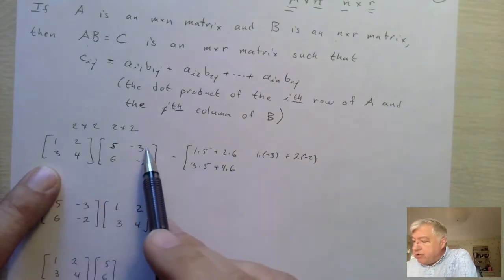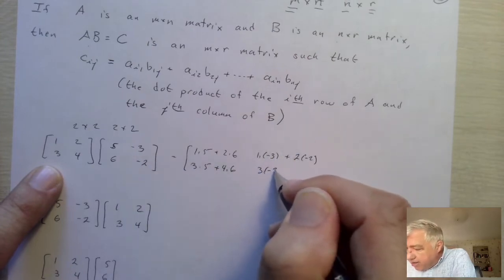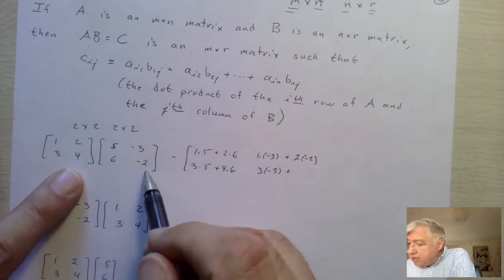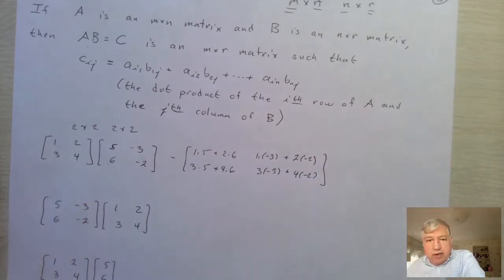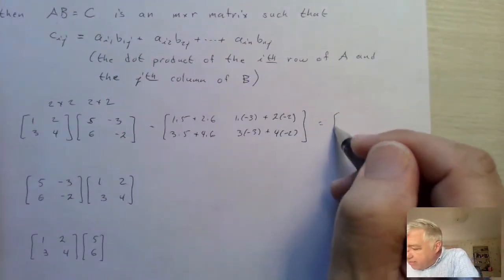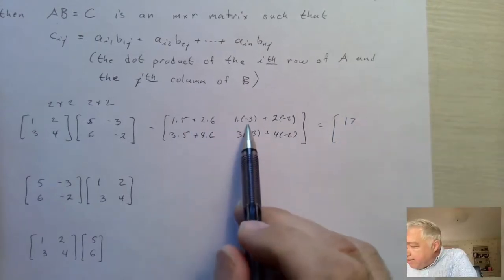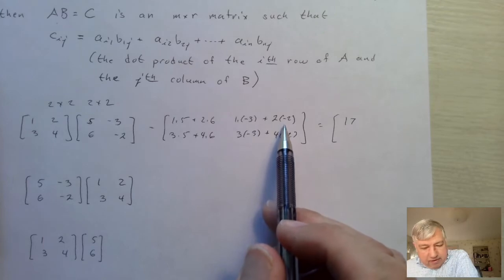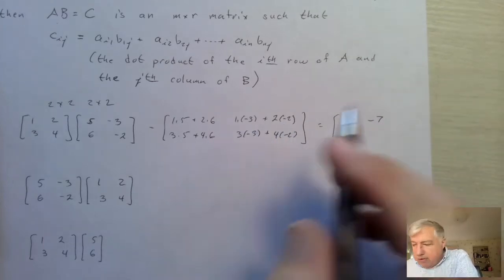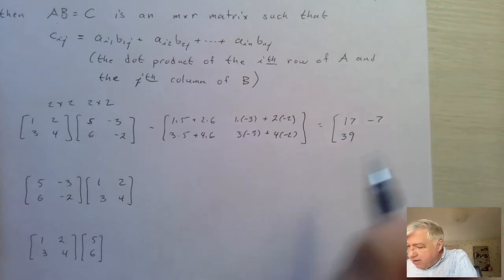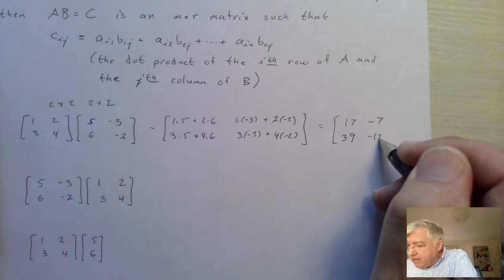Second row, second column would be 3 times negative 3 plus 4 times negative 2. Okay, and then this becomes 5 plus 12, that's 17. Negative 3 plus negative 4, that's negative 7. This is 15 plus 24, which is 39, I think. And then negative 9 plus negative 8 is negative 17.